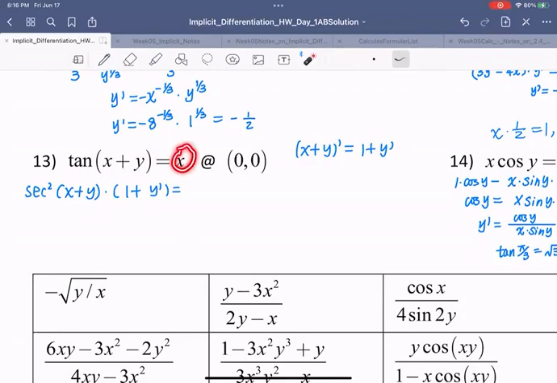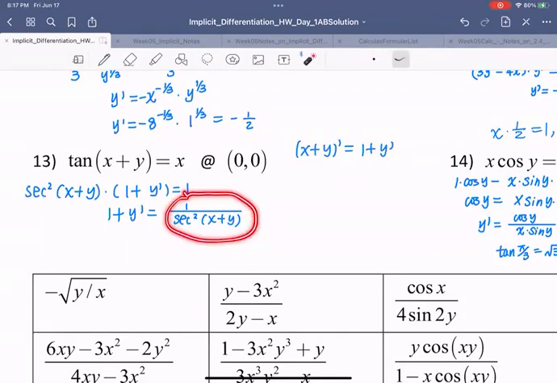This guy derivative is 1. So 1 plus y prime equals 1 divided by secant squared x plus 1. And then minus 1 to the other side. Tell me, who is this?